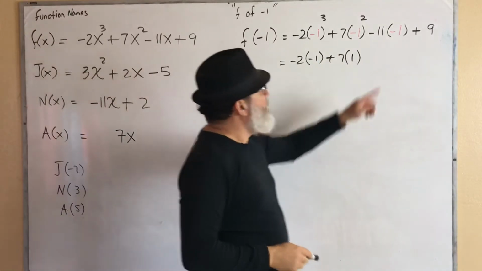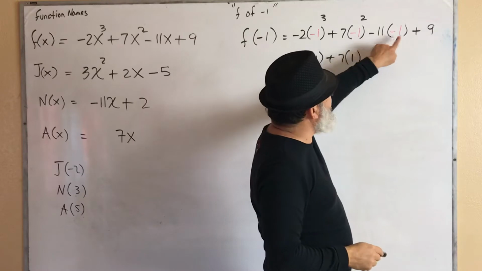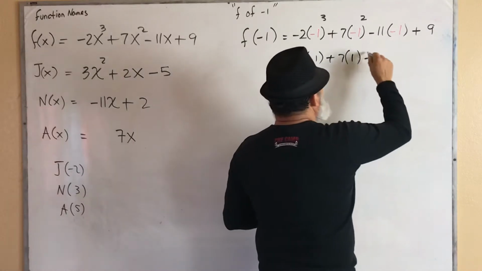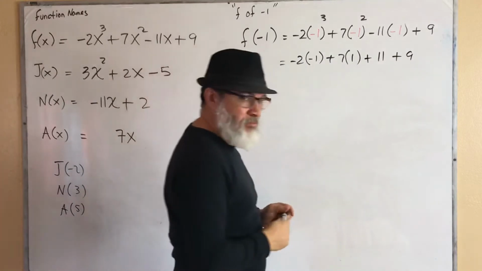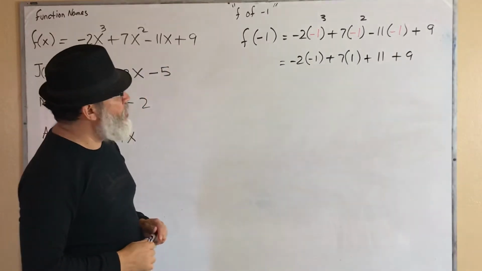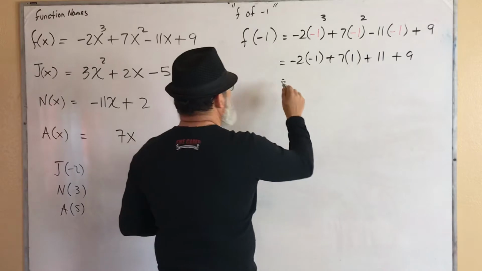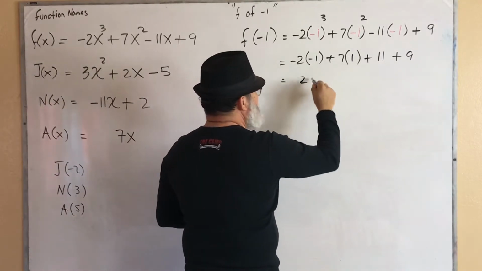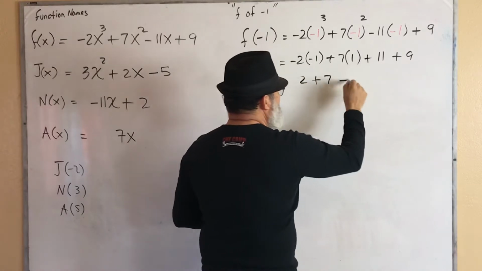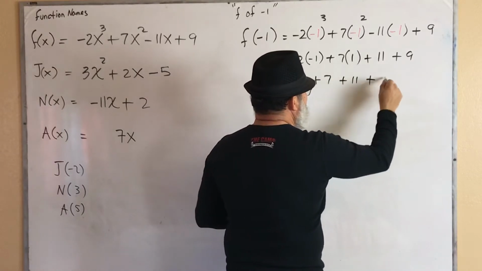Okay. And this -11 times -1 is what? Plus 11. Plus 9. Okay. Continue. That's -2 times -1 is 2. Plus 7. Plus 11. Plus 9.